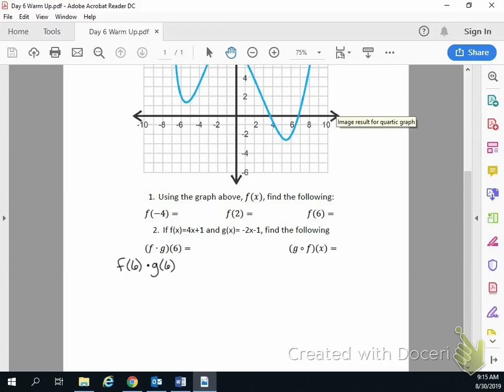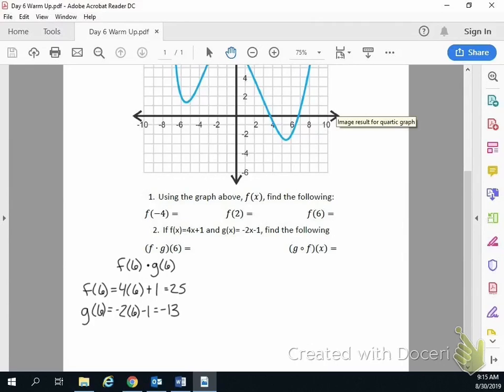Awesome. So I'm going to do f of 6 first. So 4 times 6 plus 1. I'm going to do the same thing with my g of x. Which is going to give me negative 13.